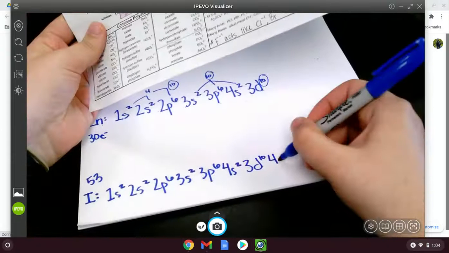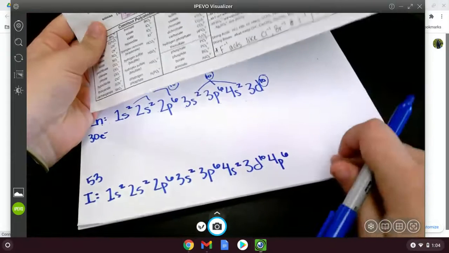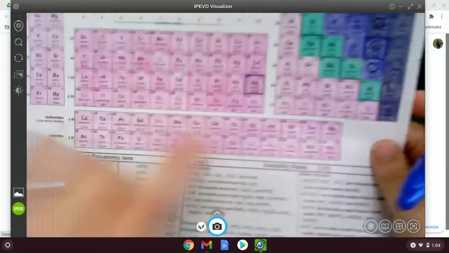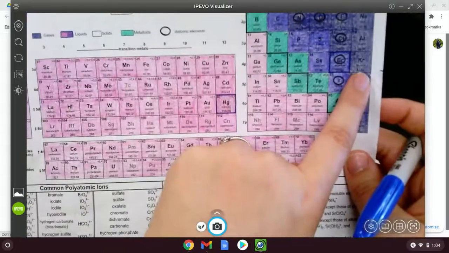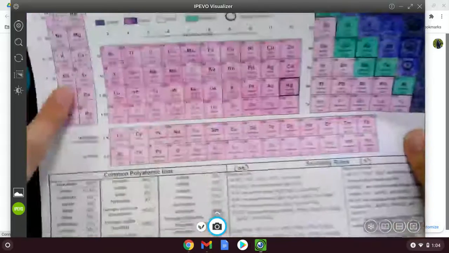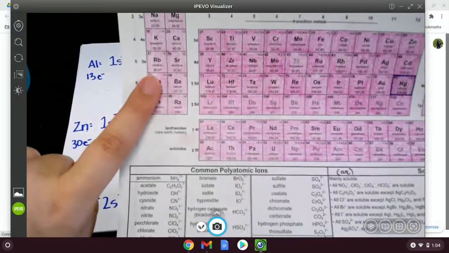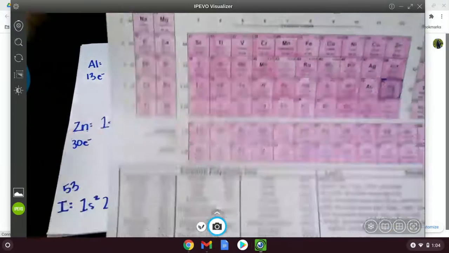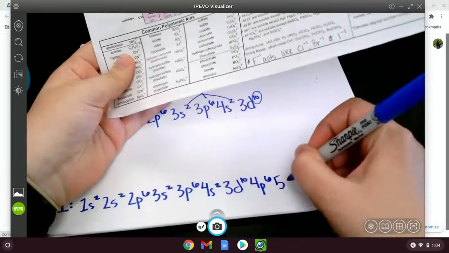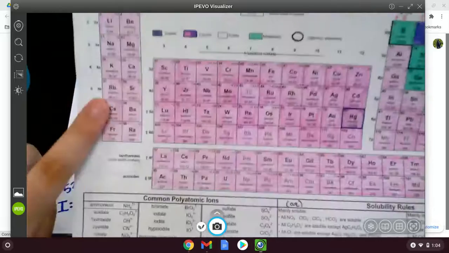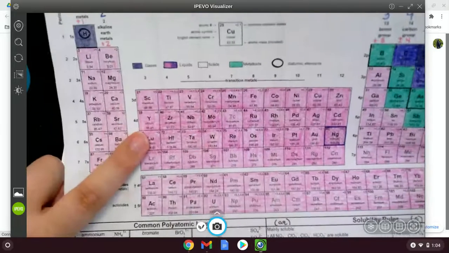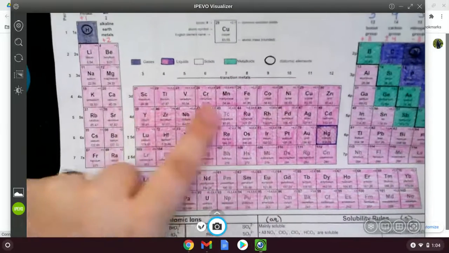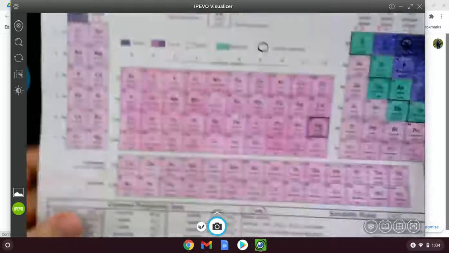We're going to include all 6 of those. So 4p6. After 4p, so 36 to 37, we go to 5s. 5s2. After 5s, 4d. 1, 2, 3, 4, 5, 6, 7, 8, 9, 10. 4d10.